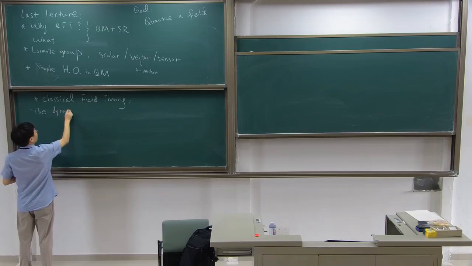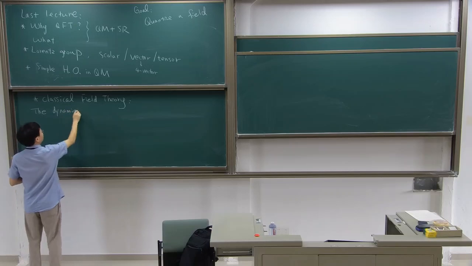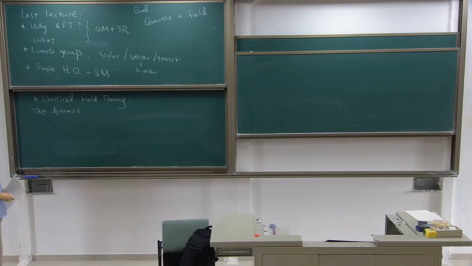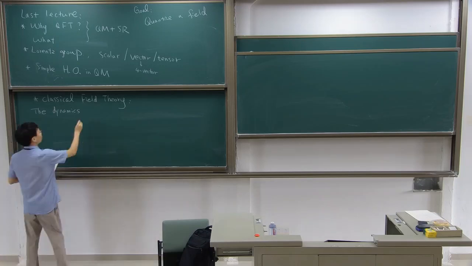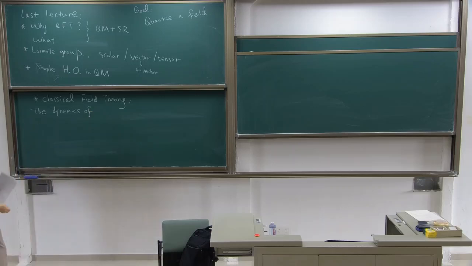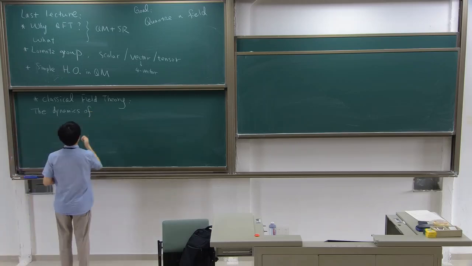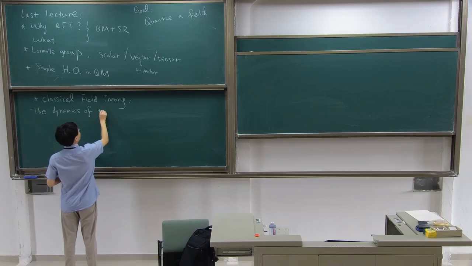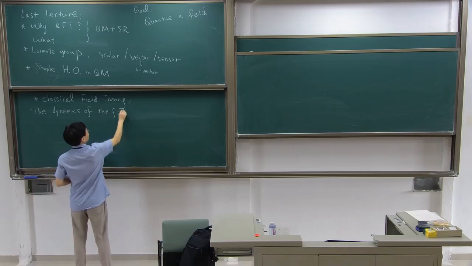First of all, we want to define a field theory. What do you mean by a field theory? Field theory is not only about some field. It's a field. So we need to specify the dynamics. What do we mean by a theory? They refer to the dynamics of the field.